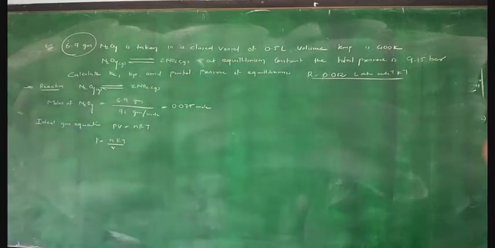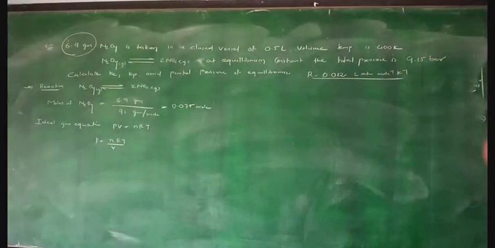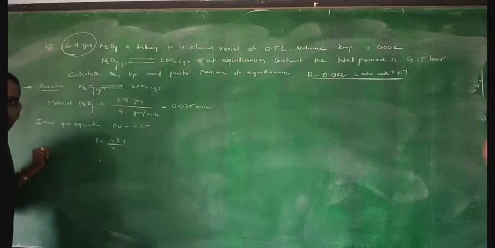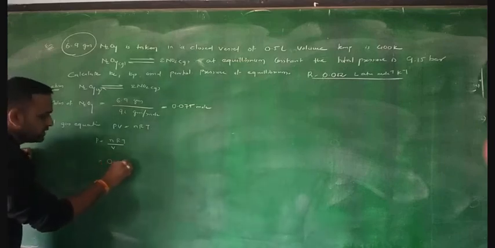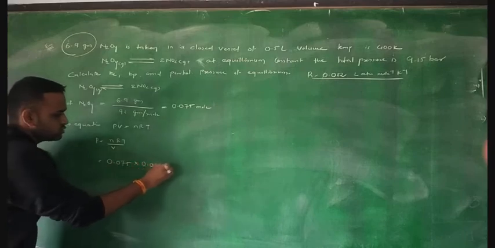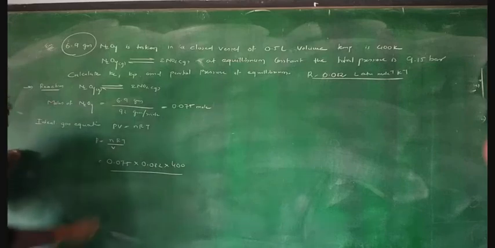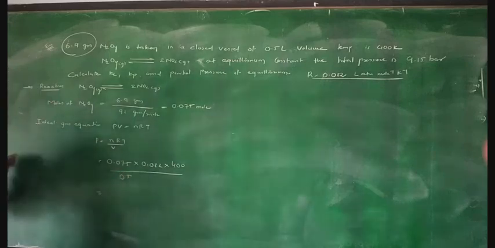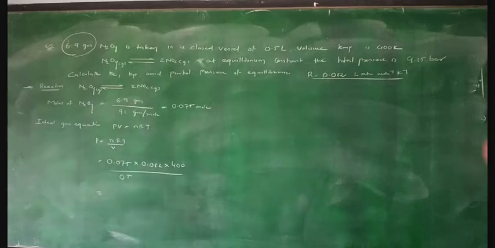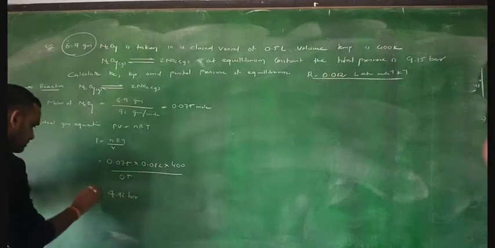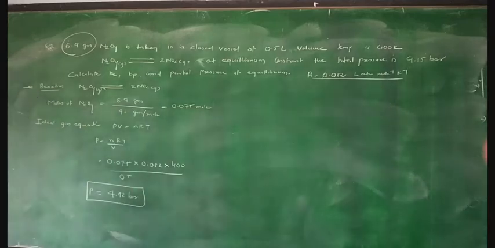So put the value, you can get the pressure. चलो वैल्यू यहाँ पे रख दो. तो मोल्स कितना है? 0.075 into 0.082 into टेम्परेचर 400 divided by वॉल्यूम 0.5. चलो प्रेशर आ गया. तो प्रेशर हमको मिलेगा 4.92. Understand or not? Right? So this is how you can get the pressure.